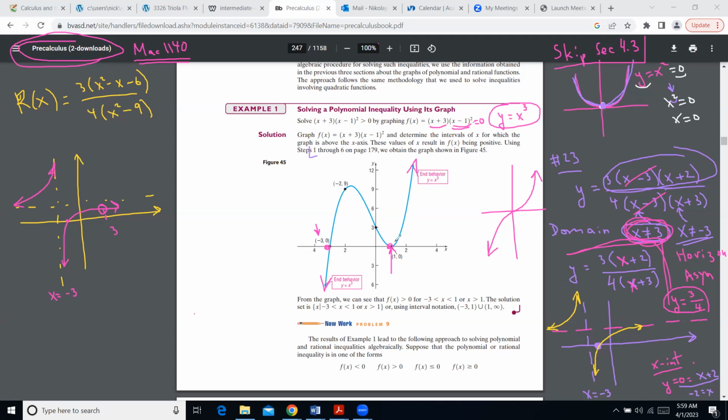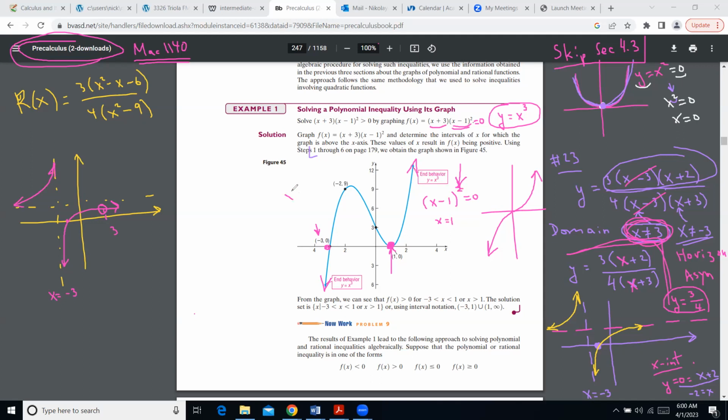When they graphed it, they made sure that at point 1, the function touches the axis, because when you have x minus 1 squared, it means that your solution, when you set it equal to 0, is 1, but because the power is 2, this graph will be just touching, not intersecting the axis.